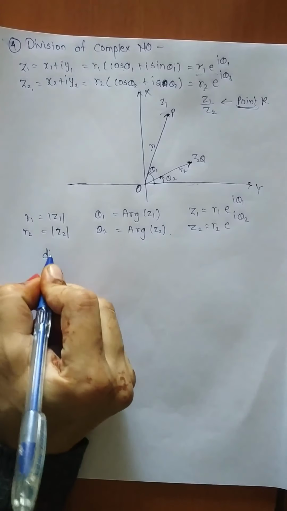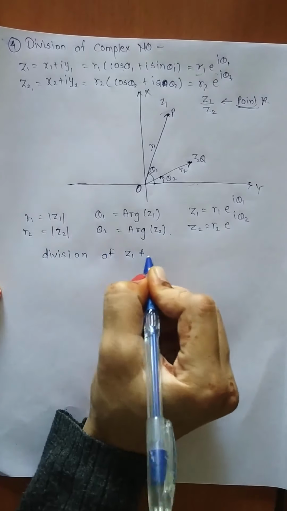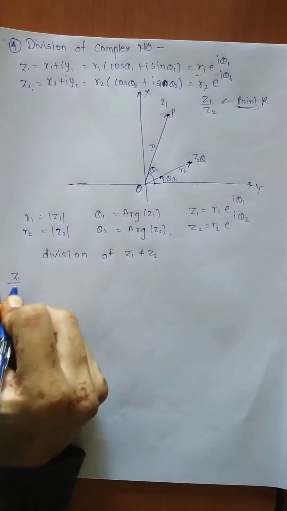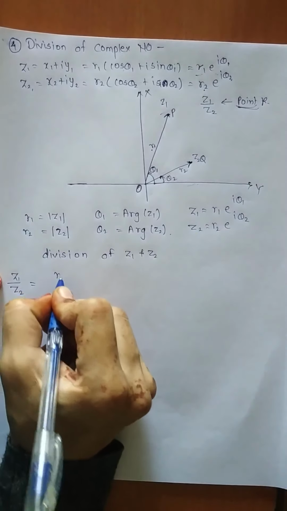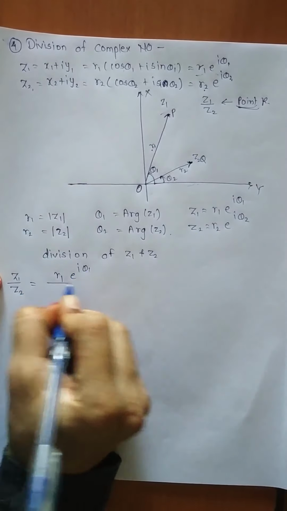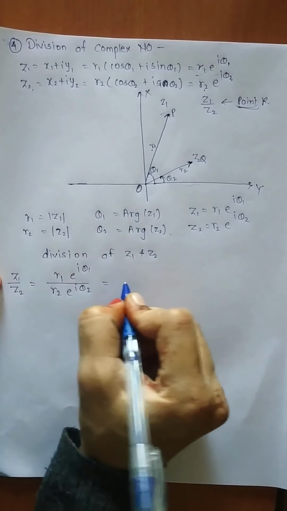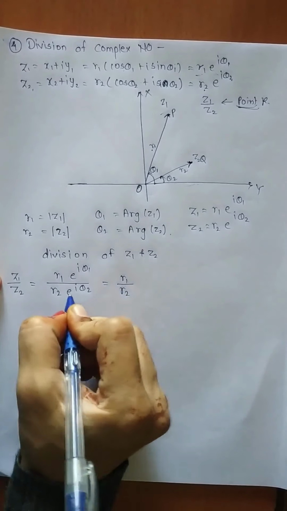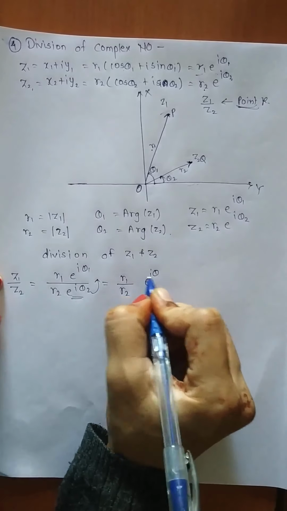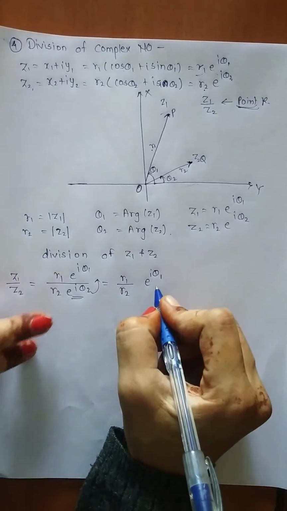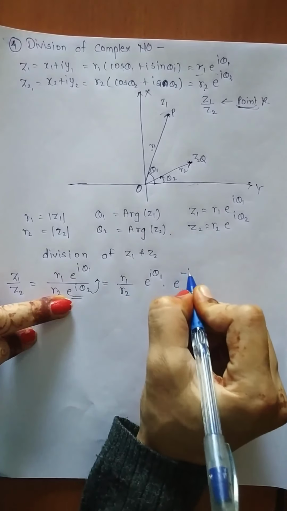So to find the division of z1 and z2, it will be z1 upon z2. This will be equal to, what is z1 now? r1 e raised to i theta 1 upon r2 e raised to i theta 2. Now I can write r1 upon r2. This is on the denominator. When I take it to the numerator, I can write this term as it is, e raised to i theta 1, and when I take this to the numerator, its power will become negative.